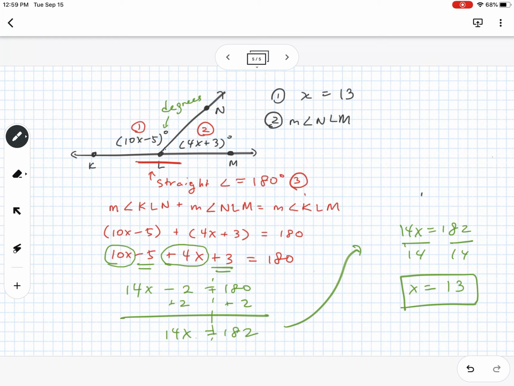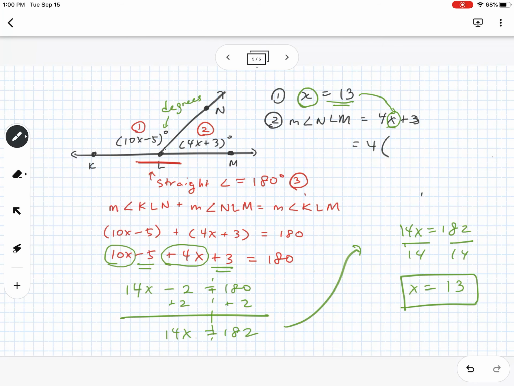Okay, now the second question asked me to find angle NLM. And all I know from this is that this has to equal 4x plus 3, right? And given that my x here is equal to 13, what that means is wherever I see an x, since it's equal, it's the same, I can take that 13 and replace it for x.